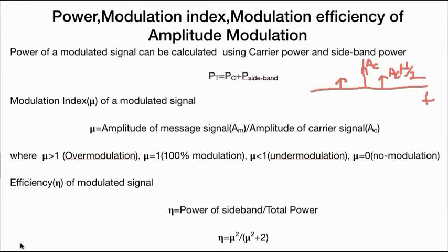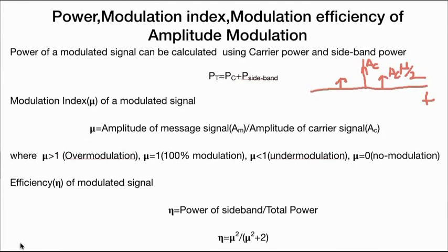Now the modulation index mu of a modulated signal is equal to the amplitude of the message signal divided by the amplitude of the carrier signal. Amplitude of the message signal is AM and amplitude of the carrier signal is AC. If you wish to have overmodulation, then mu should be greater than 1.